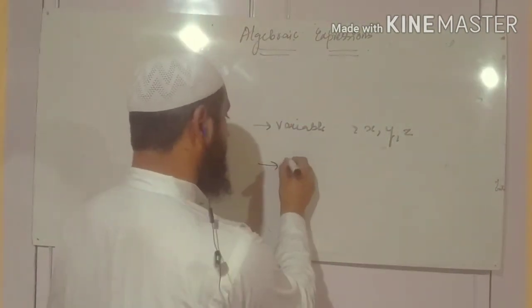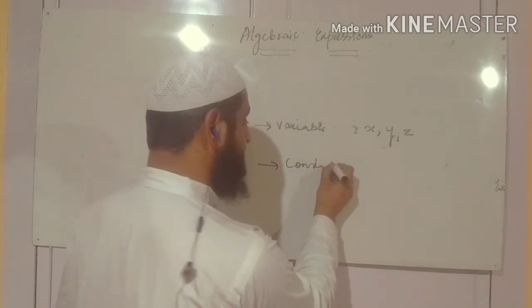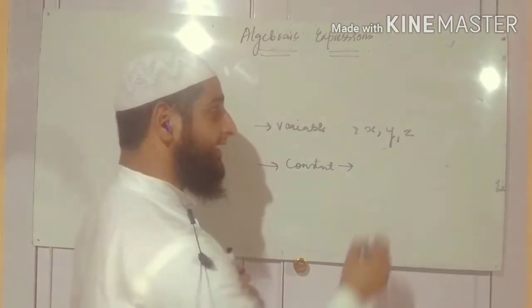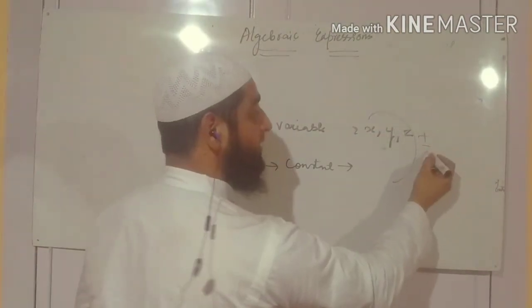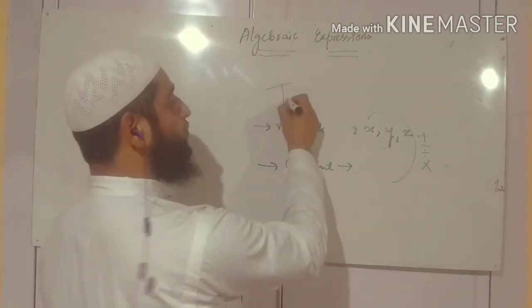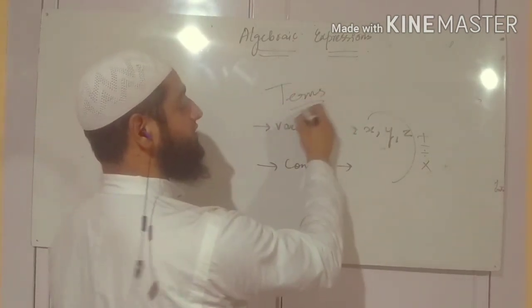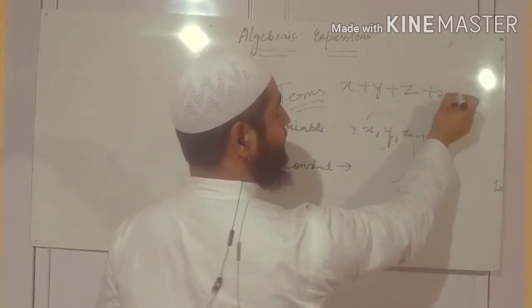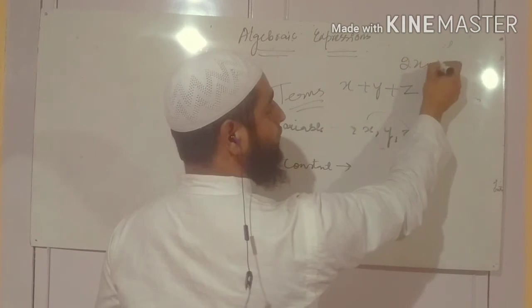And remember, we have constants, and when these combine they form an algebraic expression with 4 mathematical operations. After that I showed you what are terms: x plus y plus z plus 2xyz.